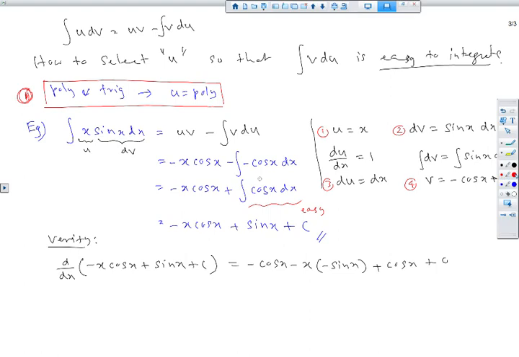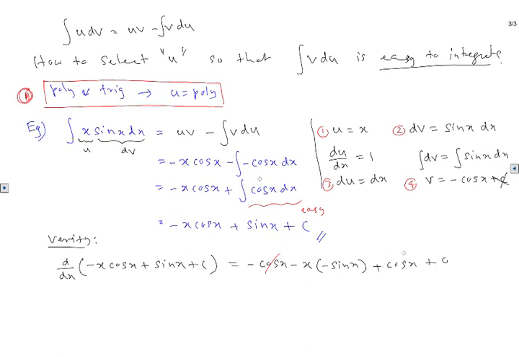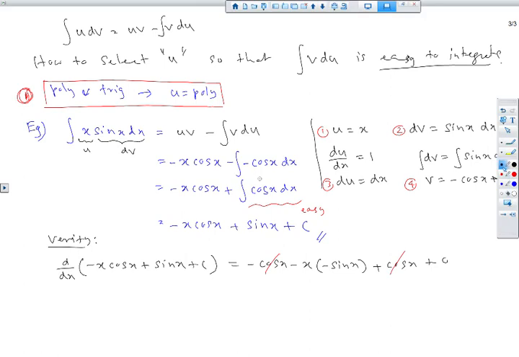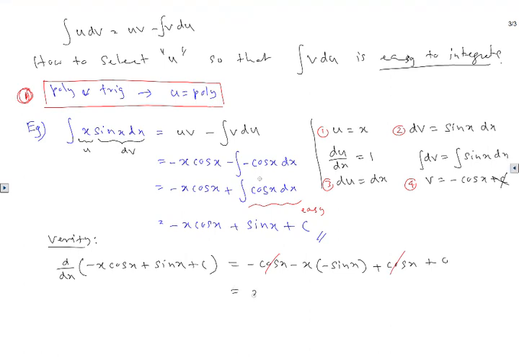You can see that this and that cancel, so you simply end up with positive x sine x, as expected. If you take the derivative, you get x sine x back, so that means it's true.